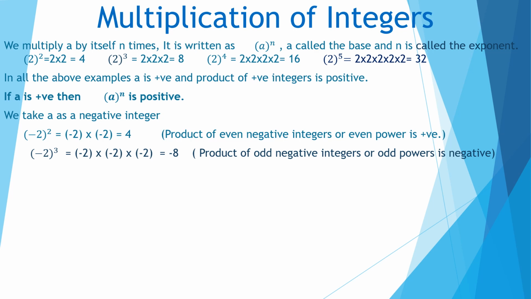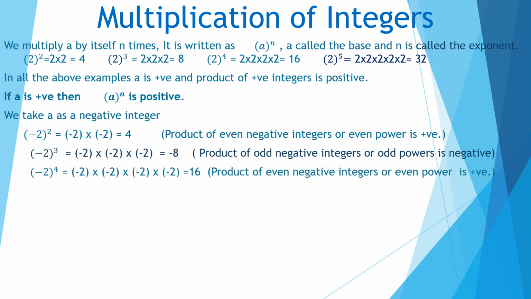Now minus 2 whole cube. This is minus 2 multiplied by minus 2 multiplied by minus 2. This is product of odd negative integers, or odd powers, is negative. So we get minus 8. Minus 2 raised to the power 4 is minus 2 multiplied by itself 4 times.